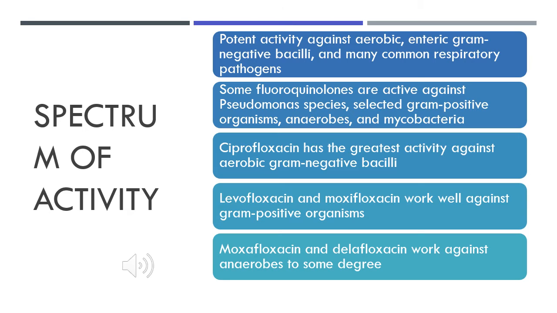Cipro has the greatest activity against aerobic gram-negative bacilli. Levo and moxifloxacin work well against the gram-positives, and moxifloxacin and delafloxacin seem to work the best against the anaerobes, but again, only to some degree. They have some activity against the anaerobes, not perfect.